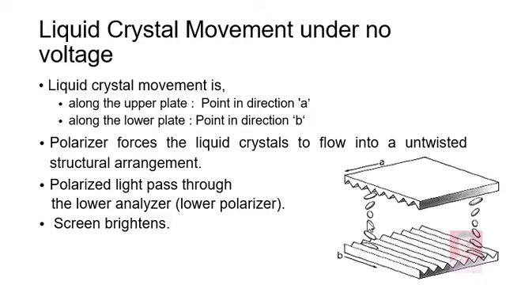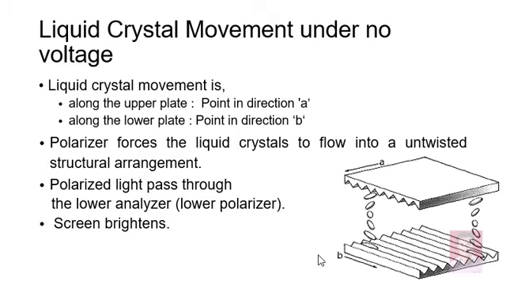As the molecules twist, the polarized light gets twisted. So whatever polarized light you get through the first polarizer, along with these molecules, gets twisted under no external voltage, and at the bottom of this display, where the main display part is, you are going to see no character displayed.